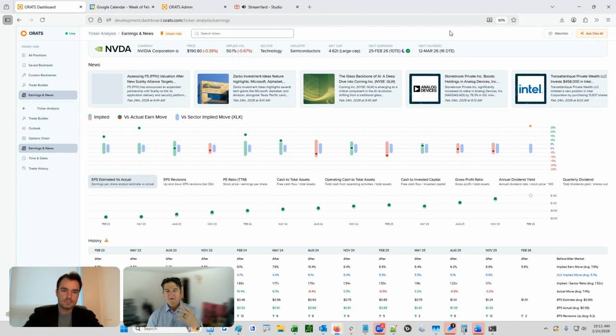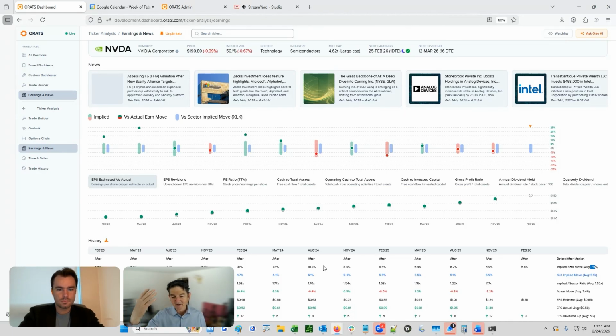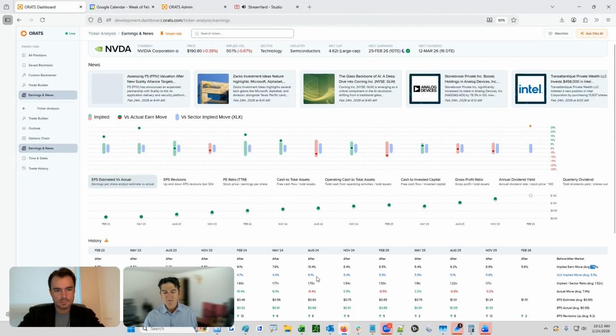And then what you can do now is you could check that out. Before, you might just say, well, normally the implied move is averaging 7.6%. It's 10%. We're going to sell it now, right? But now you have another thing saying, well, wait a second, every stock is coming up higher this time. So you might want to be careful.